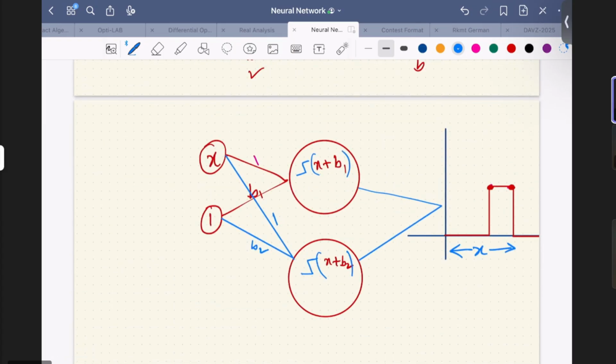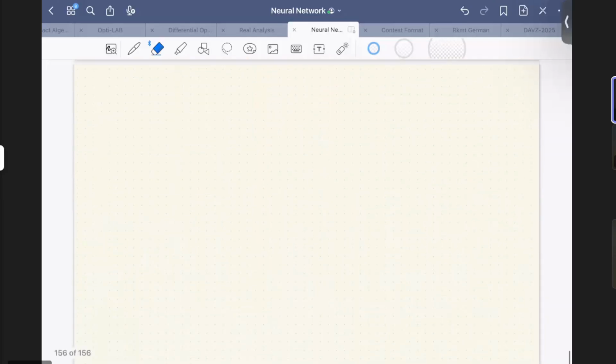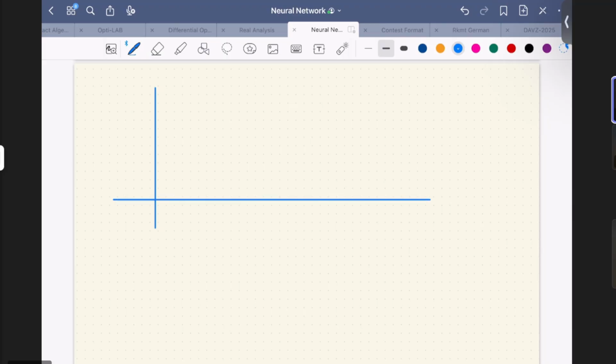But we can't say the functional values decide it. Let's suppose in this signal, I want a signal with height 50.